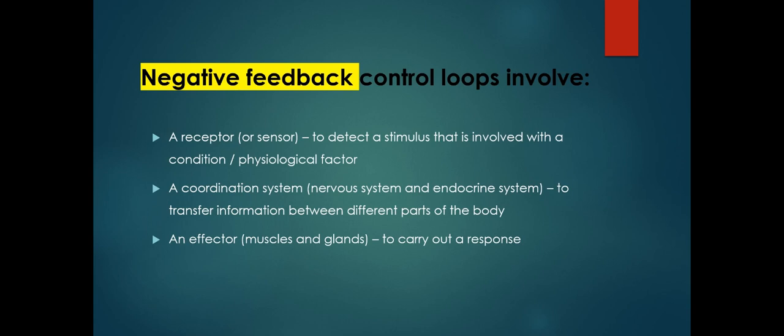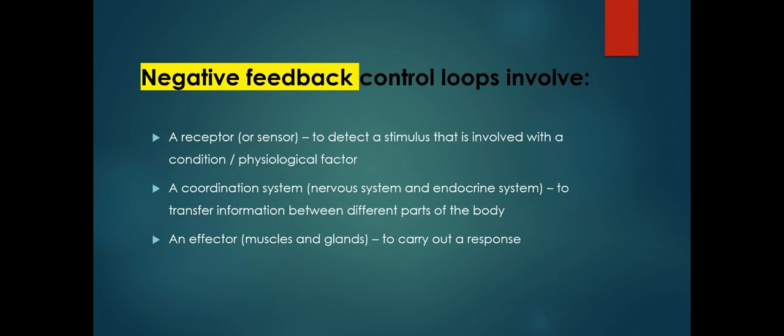And in a negative feedback loop, there are three parts. Not processes, sorry, there are three components of it. One, a receptor or a sensor, which is really important for a stimulus to be detected, right? Number two, a coordination system.